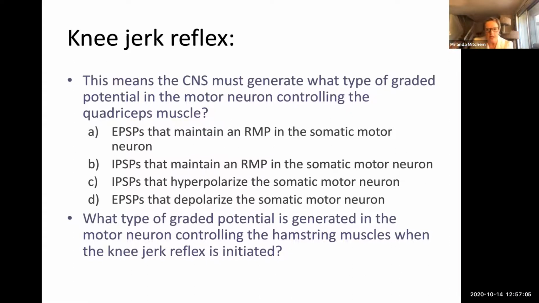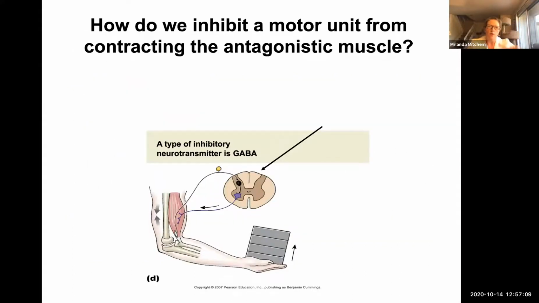So let's dig into that graded potential and use that example. So again, we've looked at the excitatory. The inhibitory pathway is associated with a different neurotransmitter called GABA. And this is showing it between the quadriceps and the triceps. So another set of antagonistic muscles.